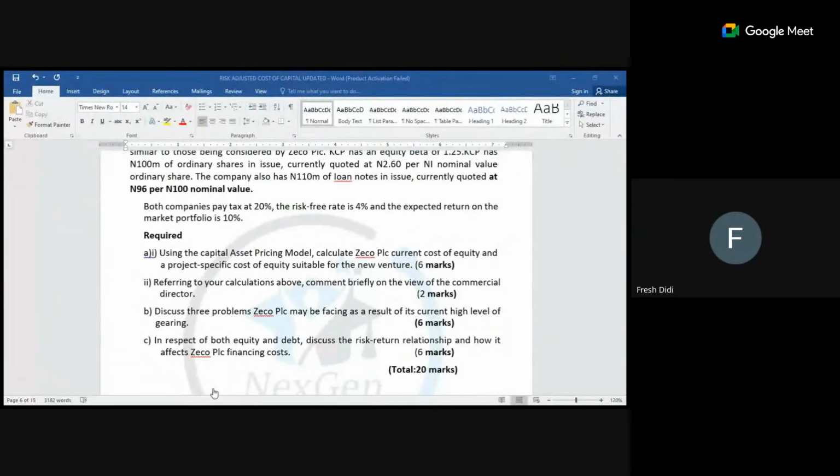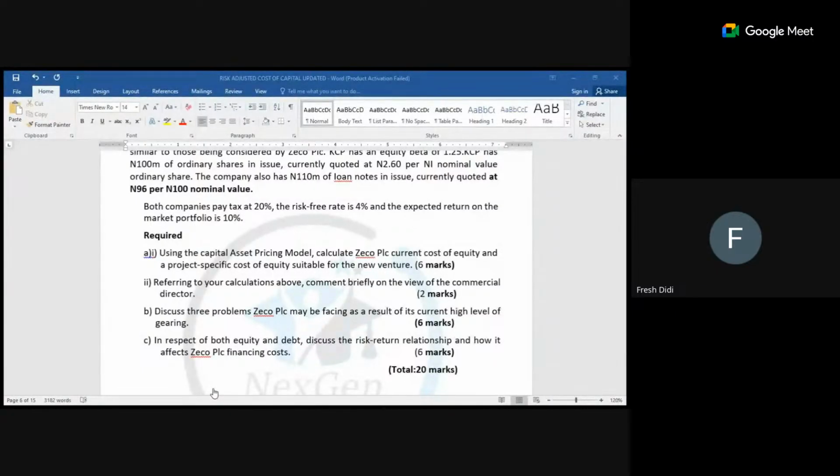B, discuss 3 problems Zeco PLC may be facing as a result of its high level of gearing. Then C, in respect to both equity and debt, discuss the risk.